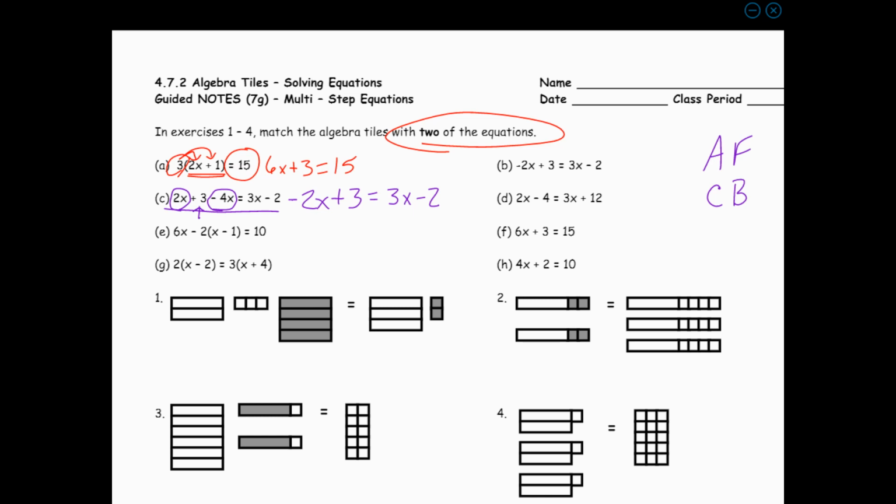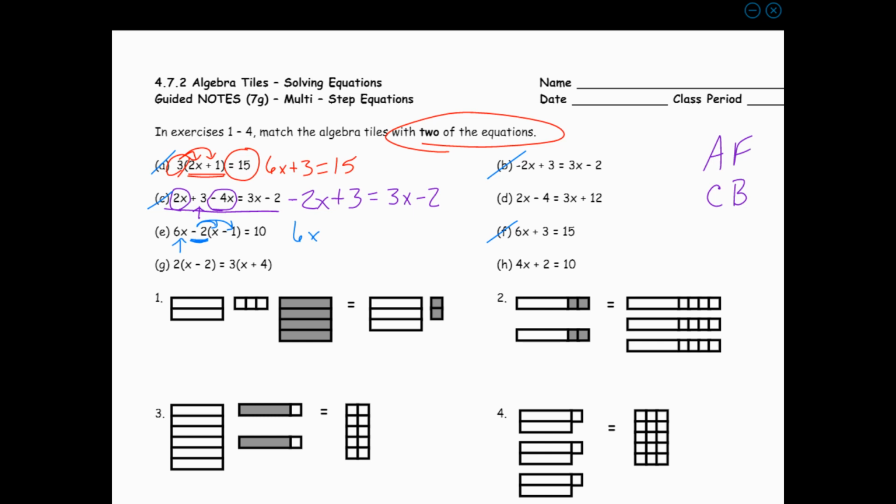So on the E down here, we've already matched B and C on this other side, and A and F. Right here, this minus sign separates the 6x out front from this negative 2. This negative 2 is the only thing that gets distributed into the parentheses, not the 6x. The 6x stays 6x.